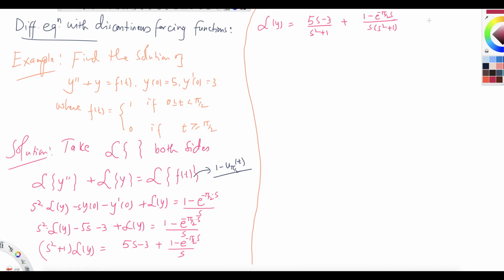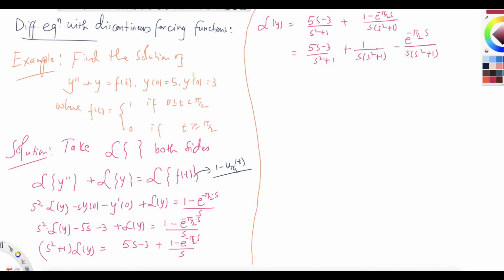Let us find the partial fraction of this. Let me write one more term and then it will be clear: (5s minus 3) over (s squared plus 1) plus 1 over s times (s squared plus 1), and then minus e to the negative pi half s over s times (s squared plus 1).